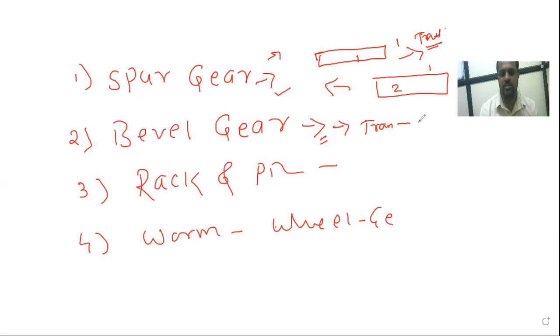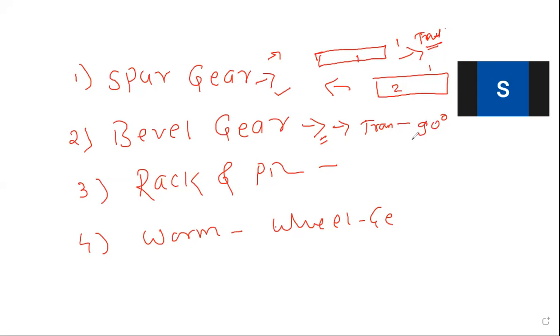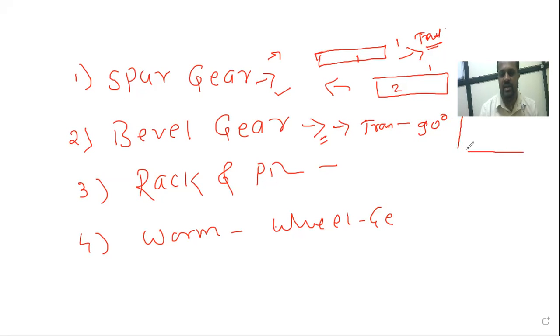Suppose we have two shafts like this, and we want to transmit the power in this direction, in this way. During that, we are using the bevel gear. Simple: we use the bevel gear for transmitting power at 90 degrees.